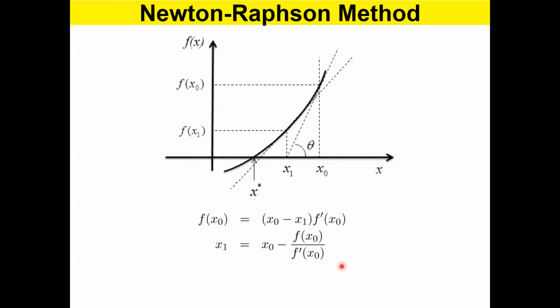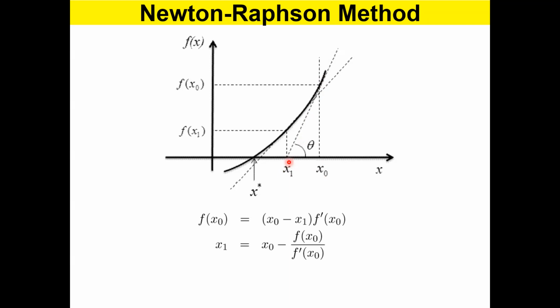So this is the equation we use to calculate x1 from x0. After that, we use the same equation, put x1 and calculate x2. After that, substitute x2 and calculate x3. So this is always the next value.